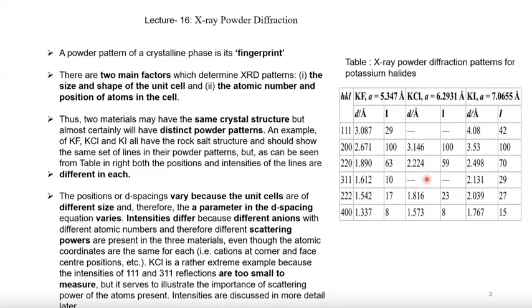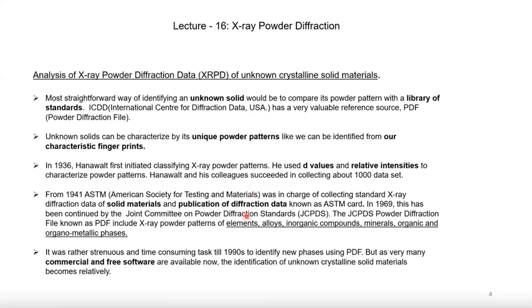Okay, then we go to the next slide. Analysis of X-ray powder pattern data of unknown crystalline solid materials is very straightforward, to identify unknown solids, if we have a library of standards.